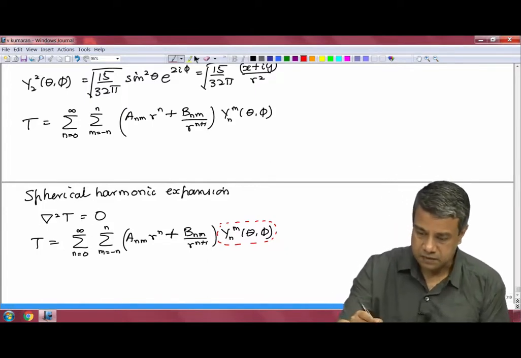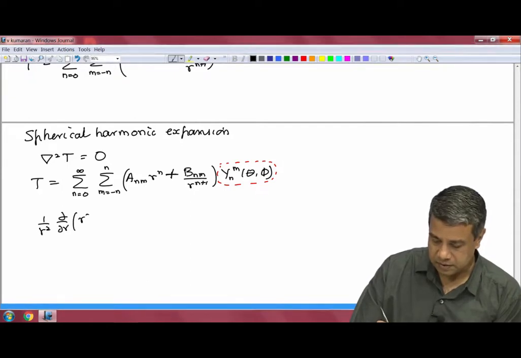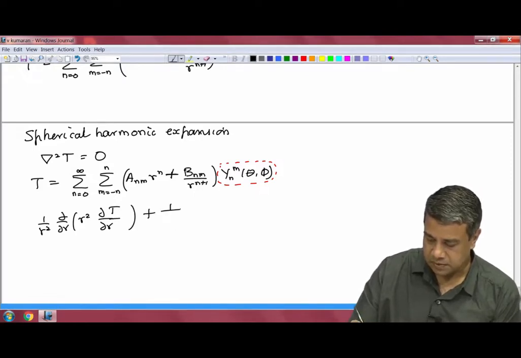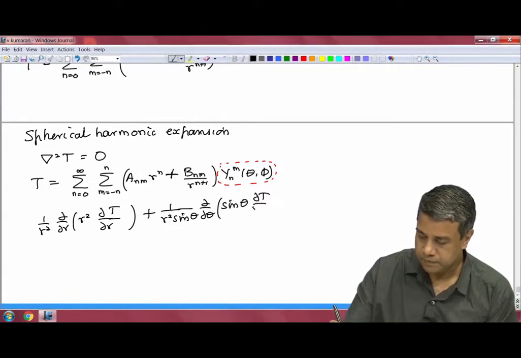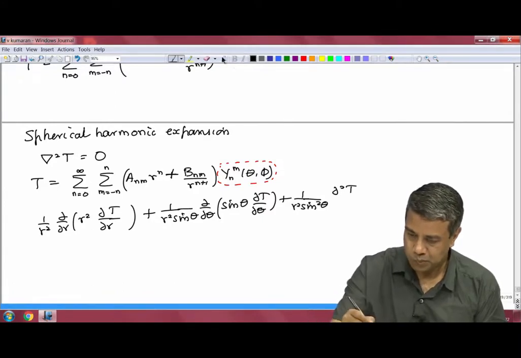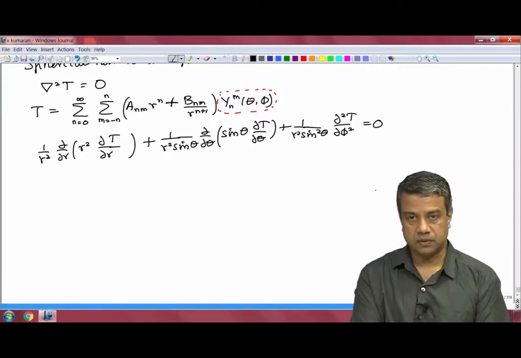If you recall, the original equation was 1 by r square d by dr of r square partial T by partial r, plus 1 by r square sin theta, and so on, and this is equal to 0.